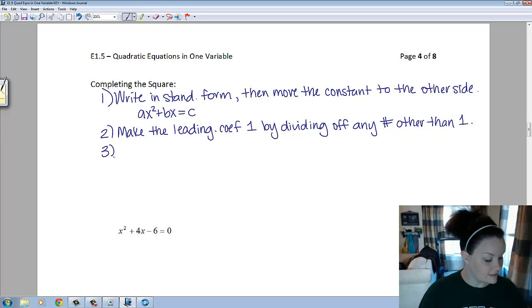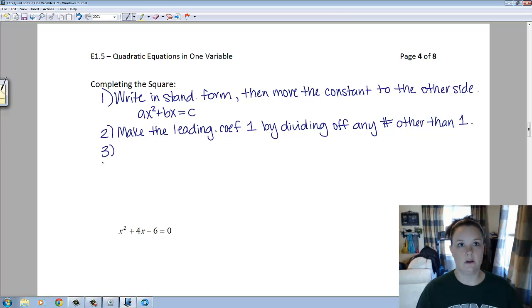Then the next thing we're going to do is take the x term or the middle term or whatever term has just the variable to the first power. I like to call it the middle term. And what we're going to do is take half of its coefficient. So I'm going to say take half of the x term coefficient.